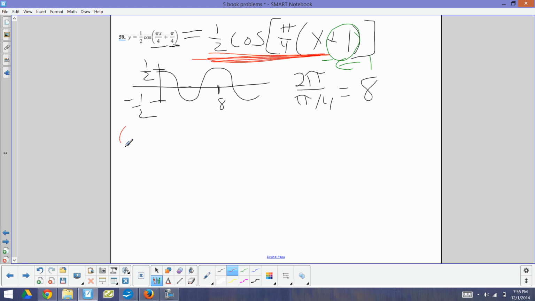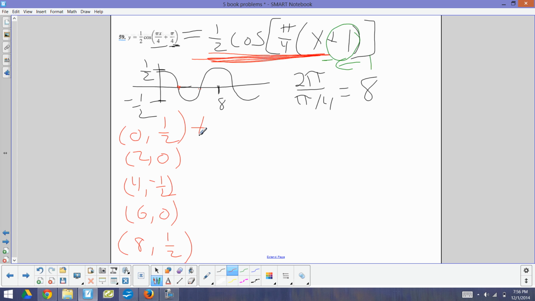So my original points, I start at a maximum, I end at a maximum, half the way through I'm at a minimum, so half of 8 is 4, I'm at a minimum. 1/4 of the way through I'm at a 0, so 1/4 of 8 is 2, I'm at a 0, and 3/4 of the way through I'm at another 0, so 3/4 times 8 is 6. So there are my points.